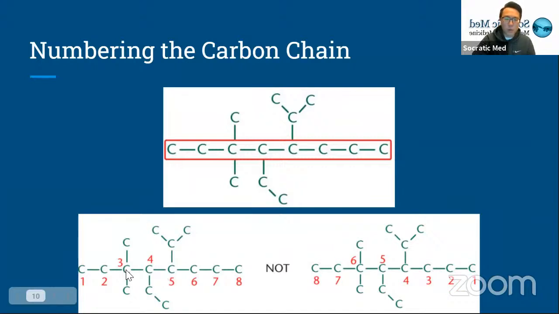So you want to give those the lowest numbers possible. The other way would be the right side, which is incorrect because this numbering gives the substituted carbons the numbers 4, 5, and 6, which are higher than the left side, which is 3, 4, 5. So the left side would be the correct one, not the right side, because of the numbering system.